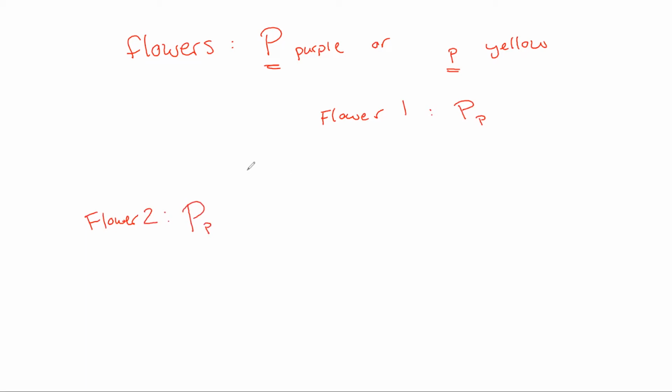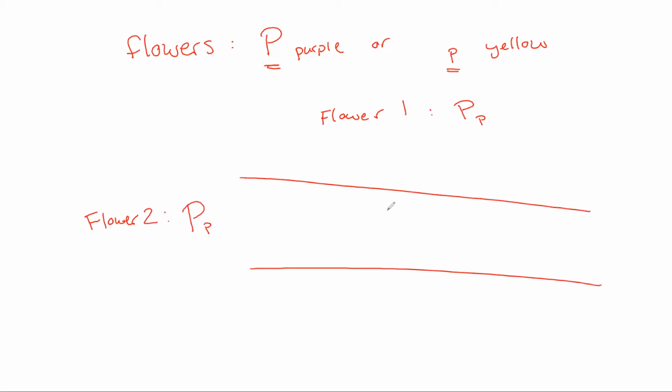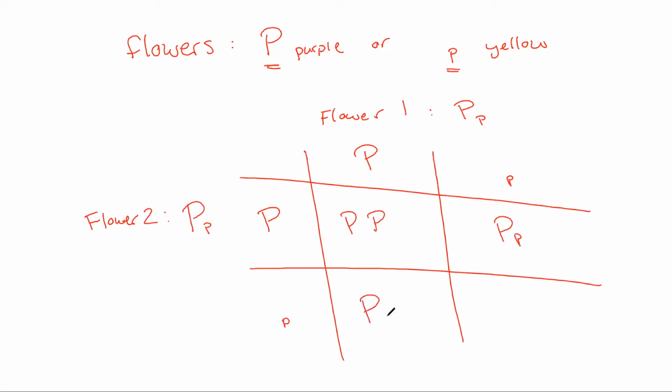When we do a Punnett square, which you all should know how to do, this is the breakdown that we get: 1 with two big Ps, 2 with 1 big and 1 little, and then 1 with 2 littles.